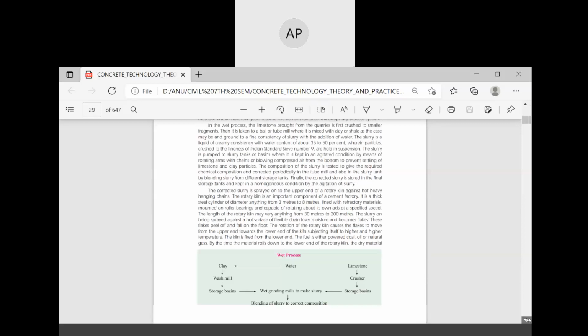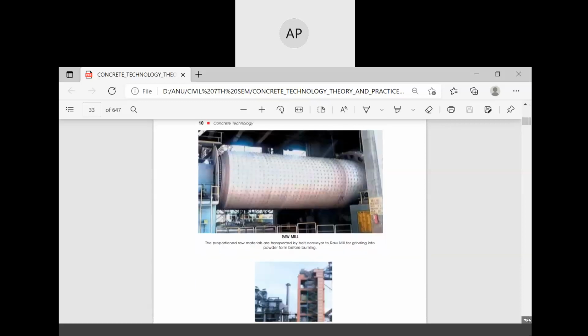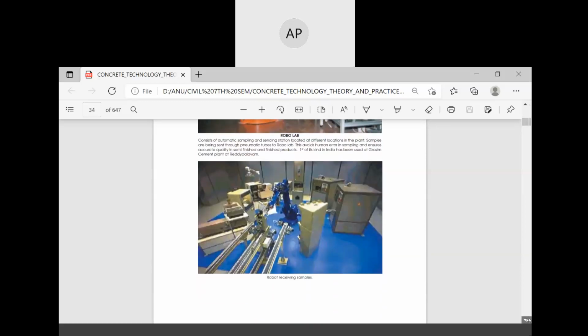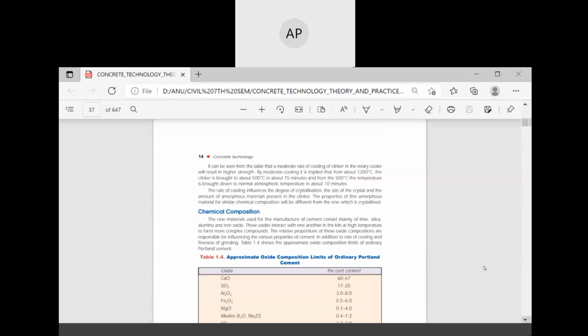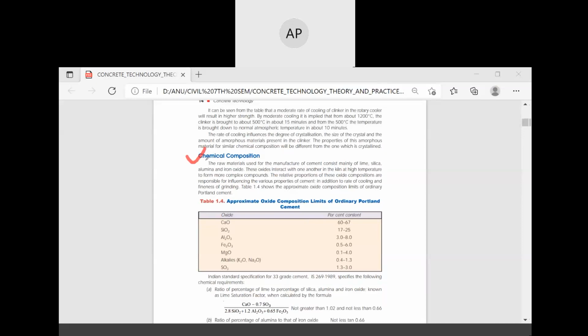Okay, first let us see the constituents of cement. What is the chemical composition of cement? Okay, so chemical composition, this is very, very important. The raw material used for the manufacture of cement consists mainly of lime, silica, alumina, and iron oxide.